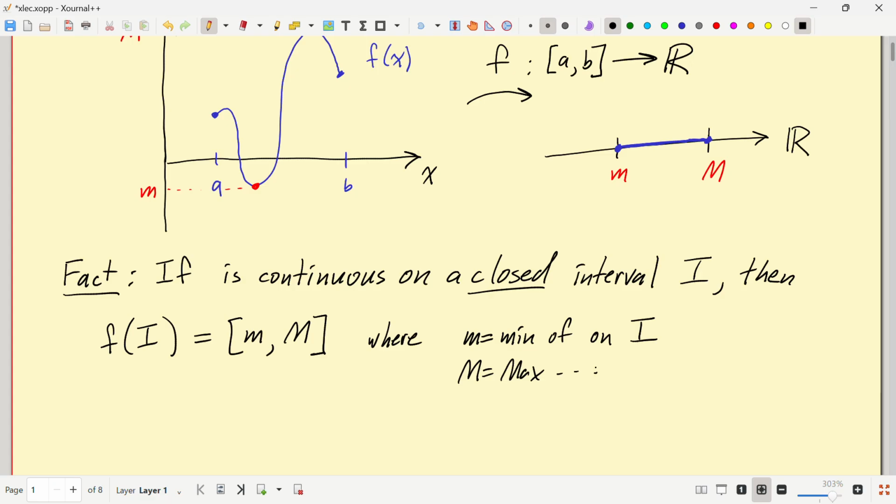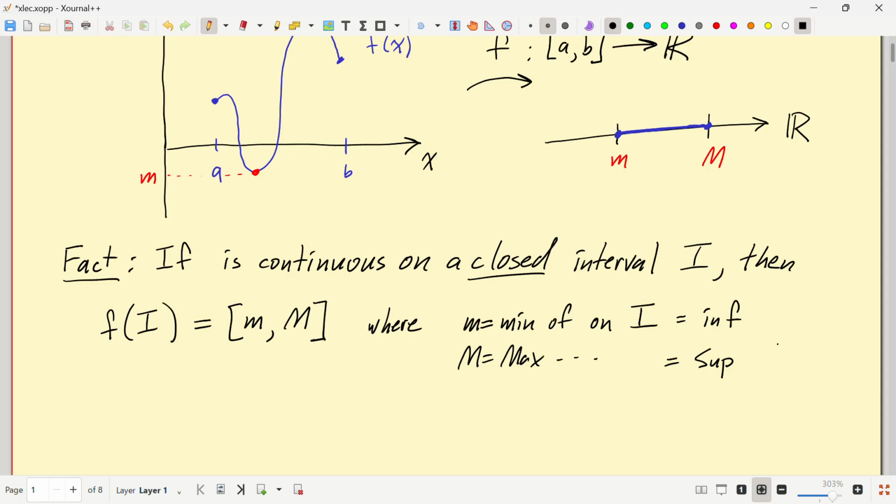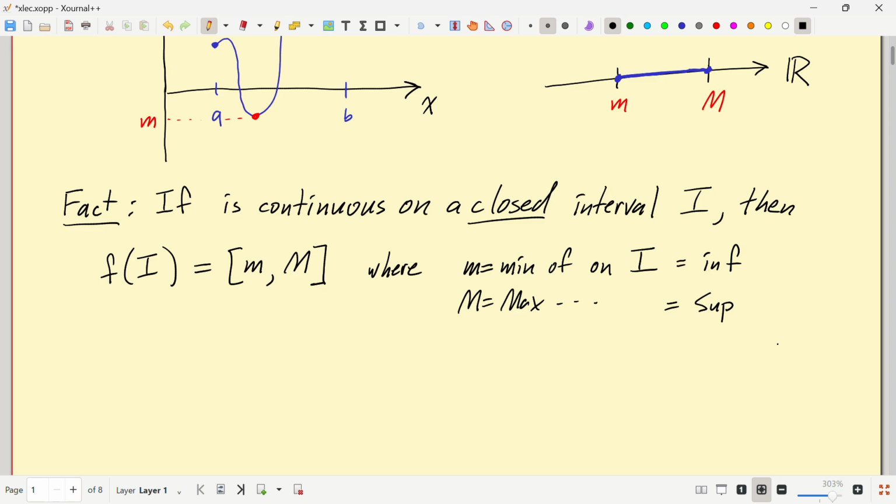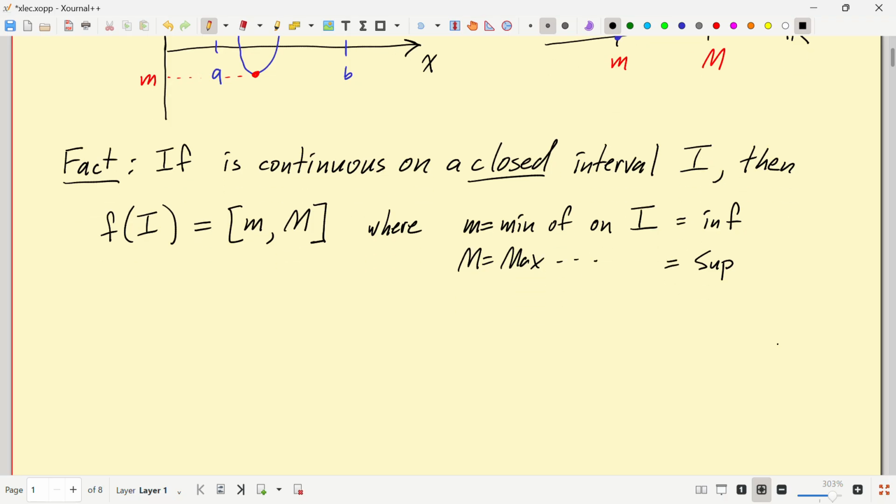And in the proof of those things, those min and max are the same as the inf and the sup. Well, there's something in the book called the preservation of intervals theorem, and it's more sophisticated than this thing.